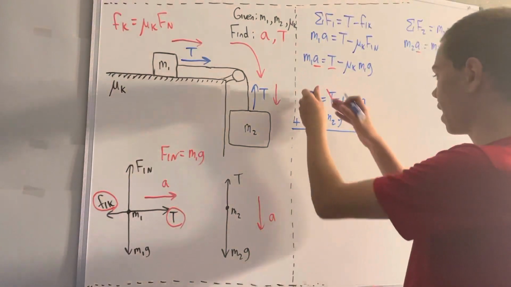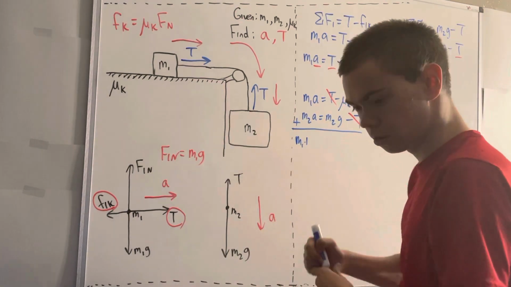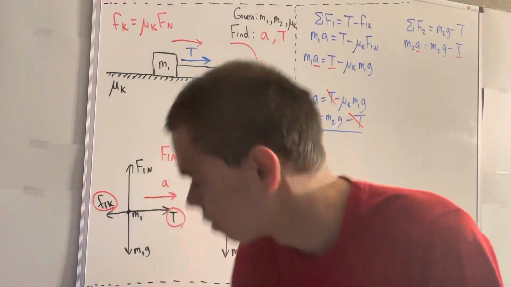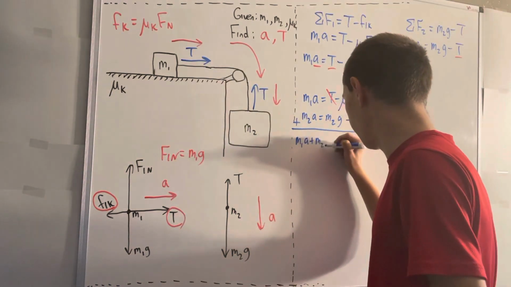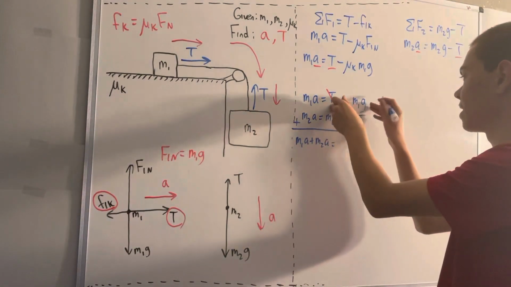So when we add the left side of the equation, we get M1A plus M2A, and on the right side of the equation is M2G minus mu K M1G.